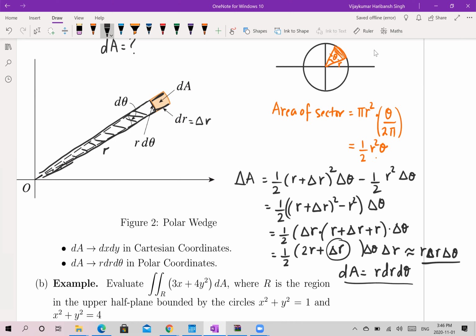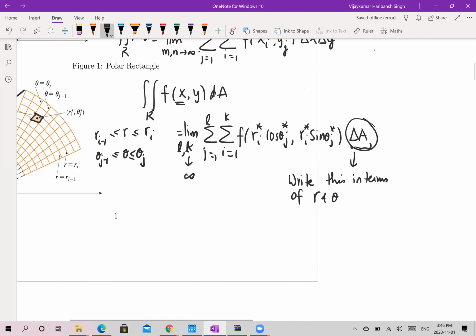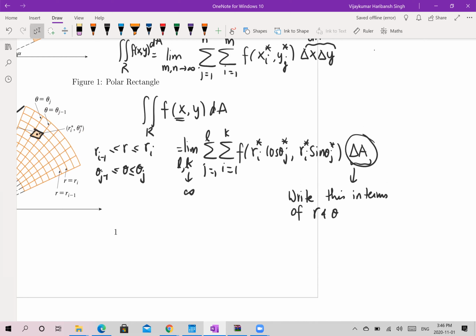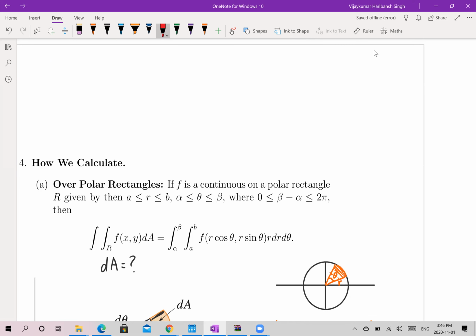Okay, so if we replace that back in the previous example, this gets replaced by r dr d theta, and that's how we get an integral over a polar rectangle. Let's rephrase this.